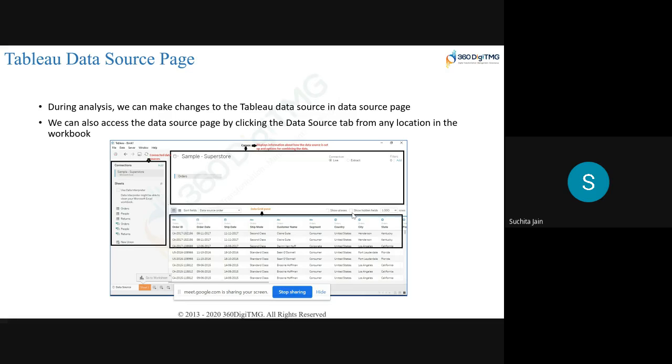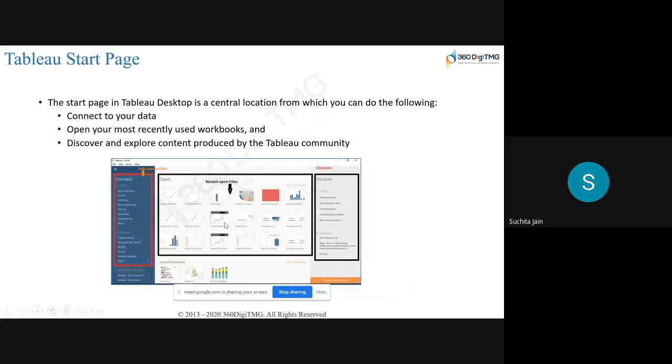Now, establishing the data source page. During analysis, we can make changes to the Tableau data source in the data source page. So the first step is to establish a connection between Tableau and your data source.